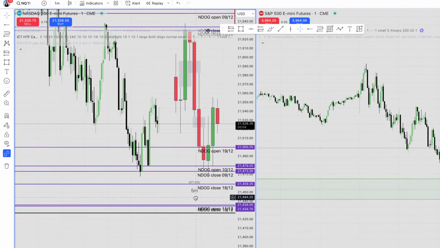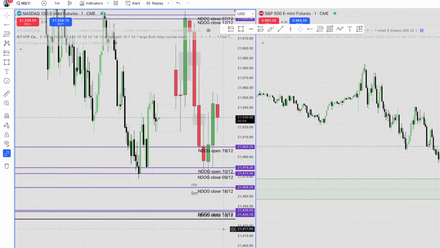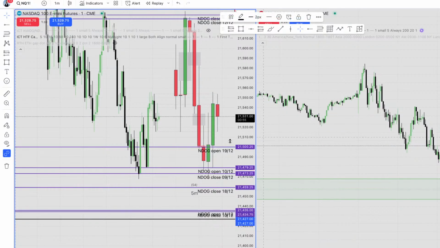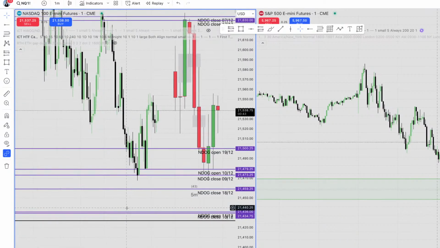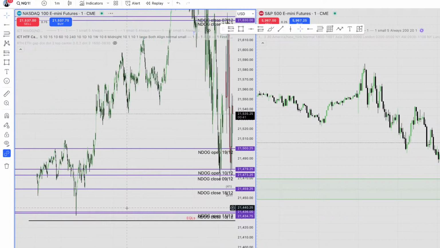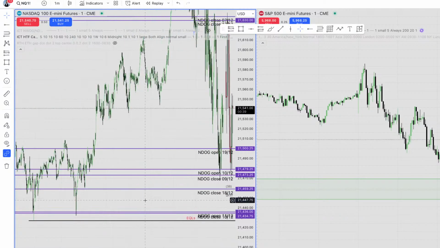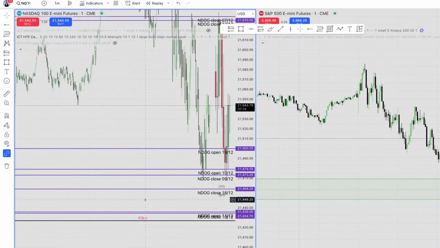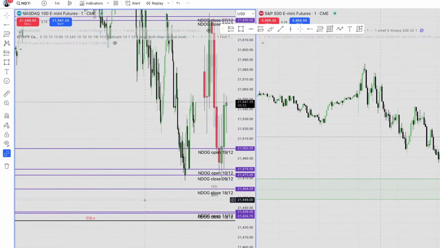It's 2 weeks old. It's too much. This is the equal lows. So short is still intriguing, because these equal lows, when you have gaps like this close to it, it acts like a magnet. It acts like a magnet.